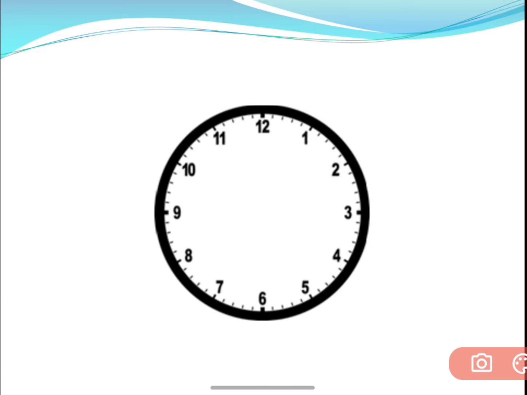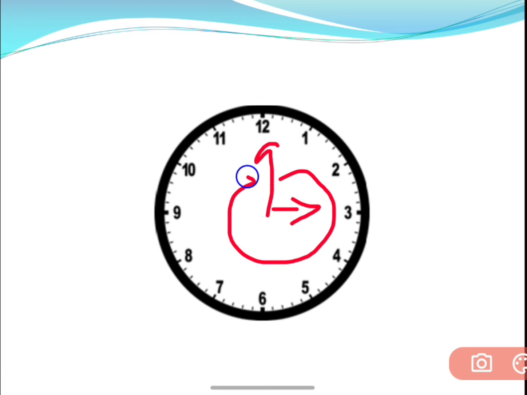Okay, children, you already know that when the minutes hand starts from 12 and again comes back to 12, that means 1 hour, isn't it? Yes, it is 1 hour. So whenever it is 3:55, that means in 5 minutes we will be reaching 4 o'clock.